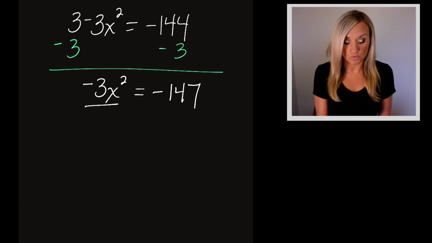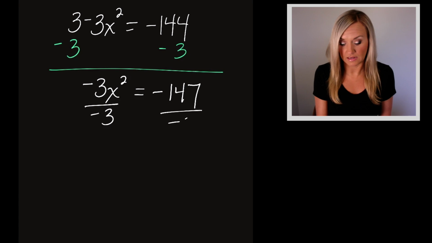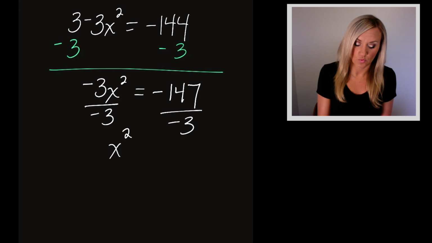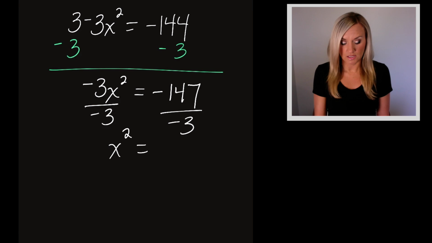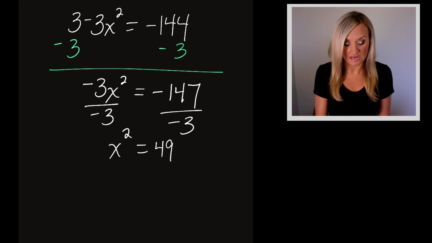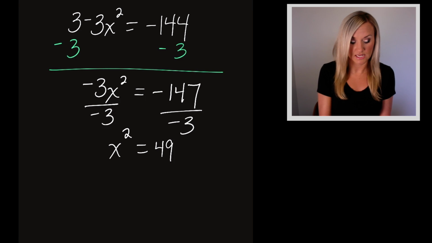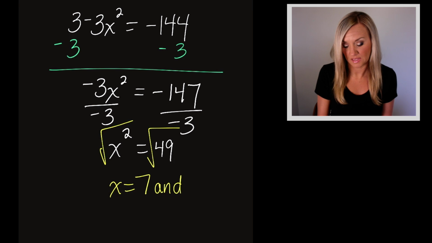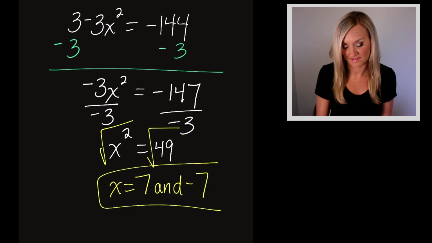All right, so now when we divide by a negative 3, 2 negatives equal a positive. So we have x squared equals a positive 49. And we can take the square root. And x is a positive 7 and a negative 7.